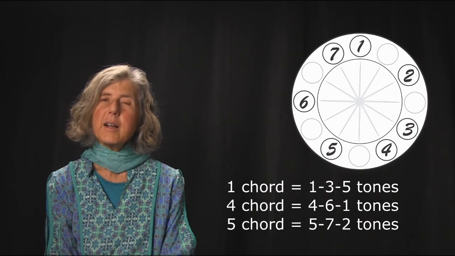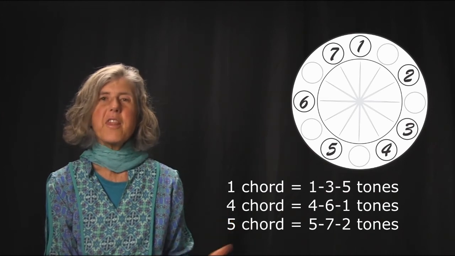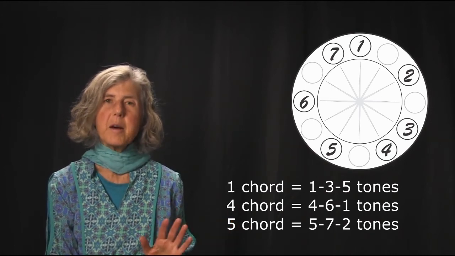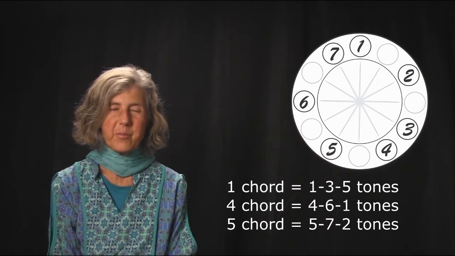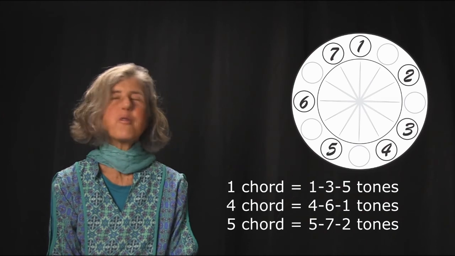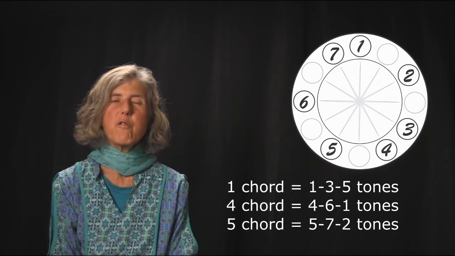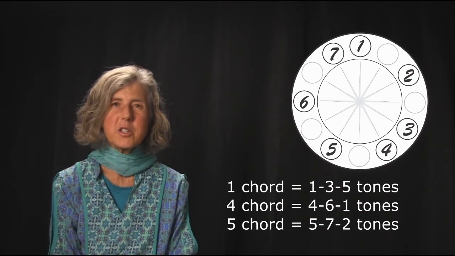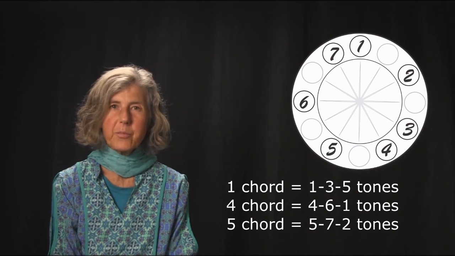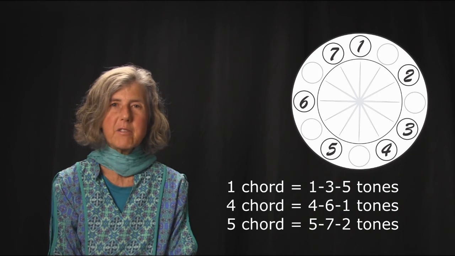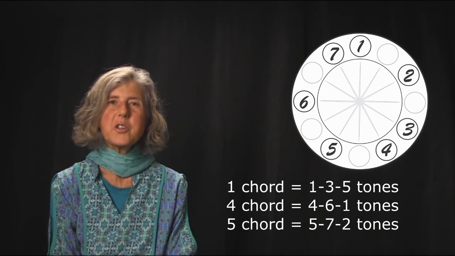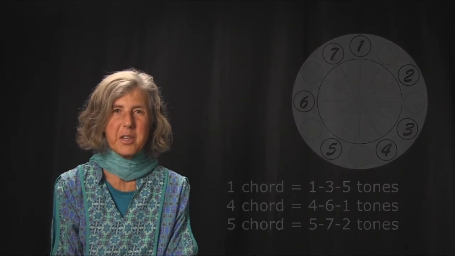So, just to note that the 1 chord is made up of a 1 tone, a 3 tone, and a 5 tone. A 4 chord is made up of a 4 tone, a 6 tone, and a 1 tone. And a 5 chord is made up of a 5 tone, a 7 tone, and a 2 tone. So you see all the tones are covered there.